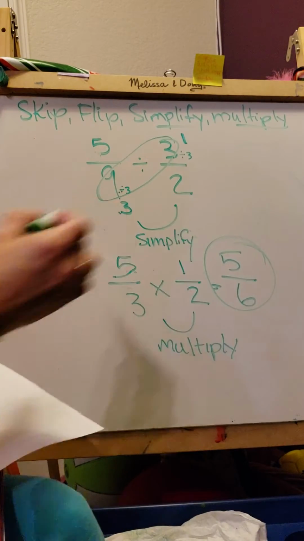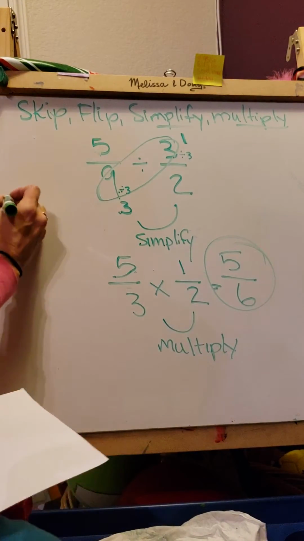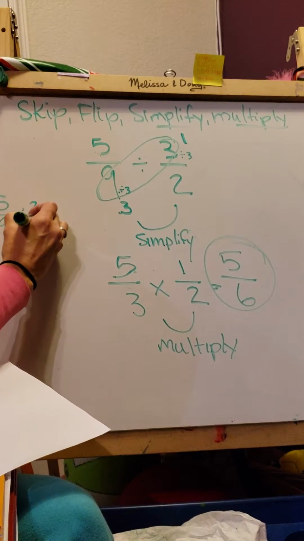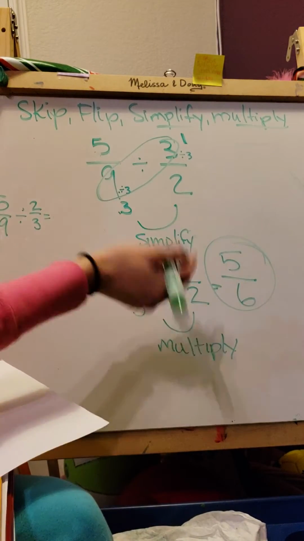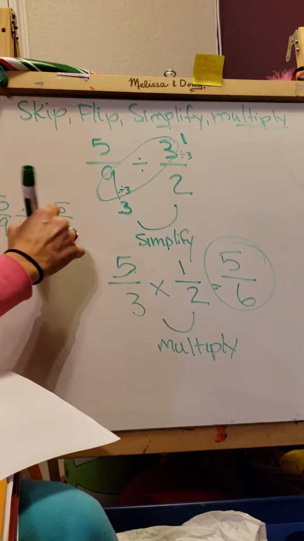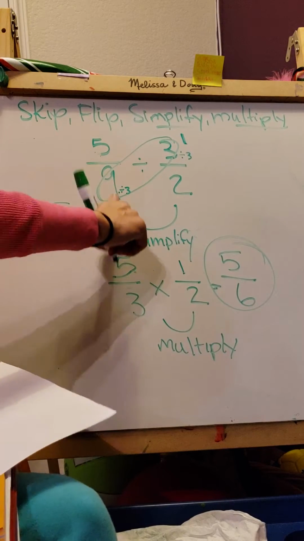And we have 5/6. So 5/9 divided by 2/3, remember it looks weird because we had to find the reciprocal, equals 5/6. And we can't simplify that anymore because we did it here, which is really cool.